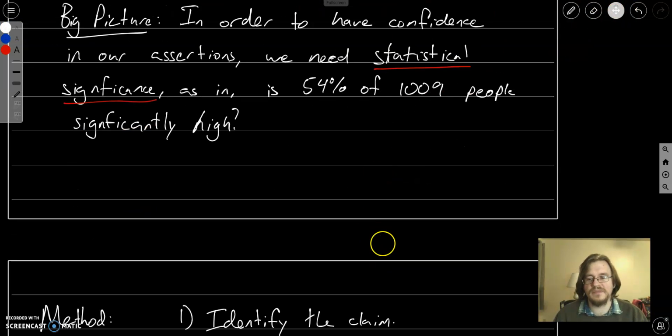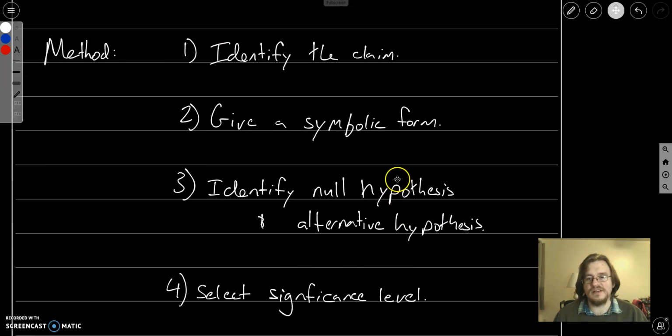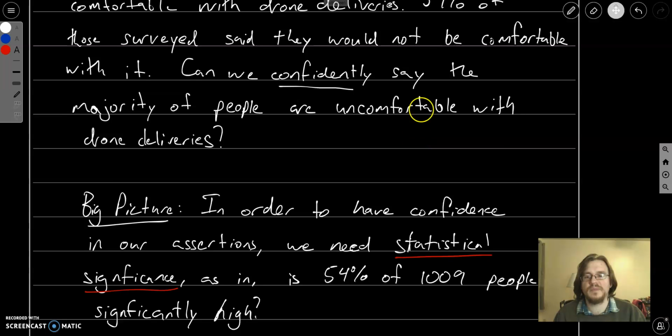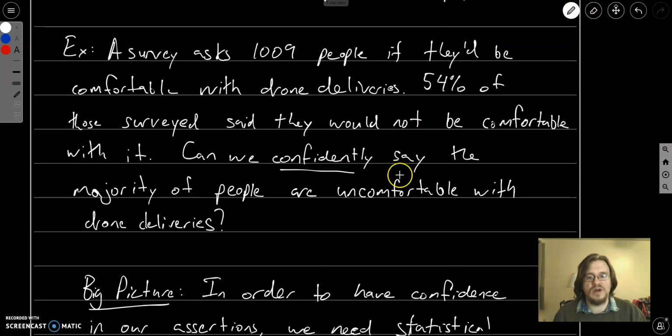So there's what the book lists as an 8-step process to hypothesis testing. The steps are more or less straightforward, but there is a little bit of terminology that we'll go through. The first step, I think the easiest one, is to identify the claim. In our example, can we confidently say that the majority of people are uncomfortable with drone deliveries?